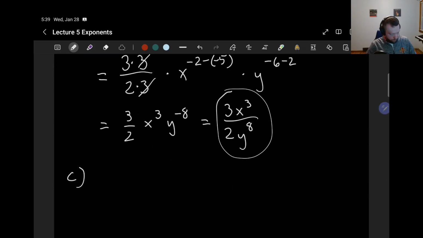Part C. Well, those exponents don't look very positive either, do they? Let's start by fixing them.